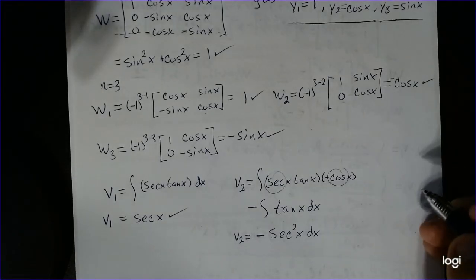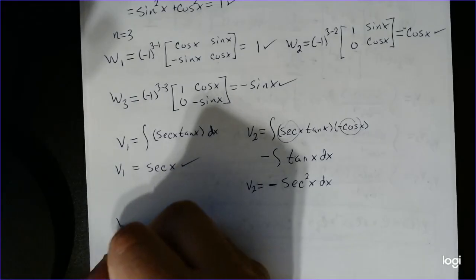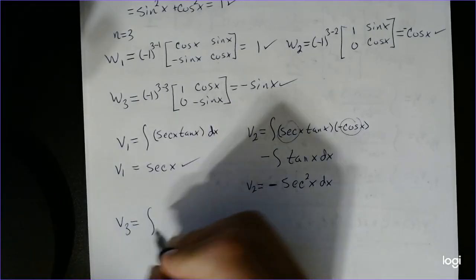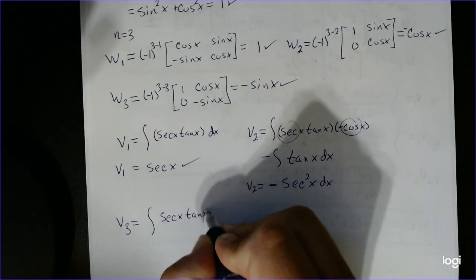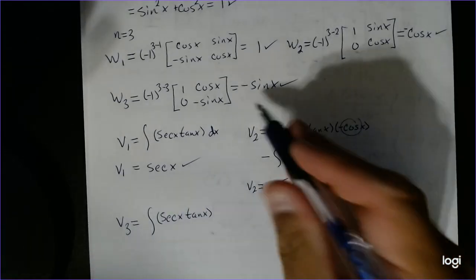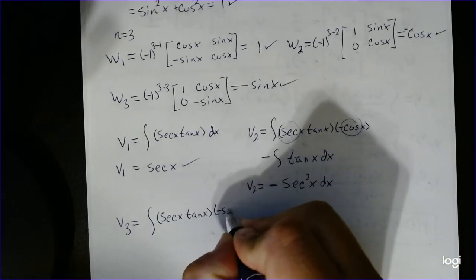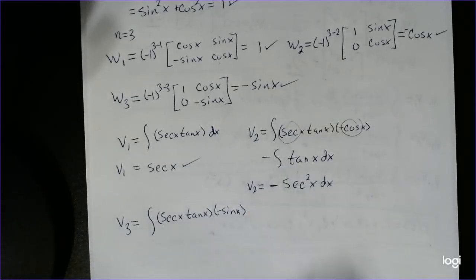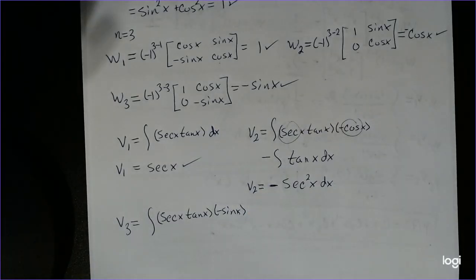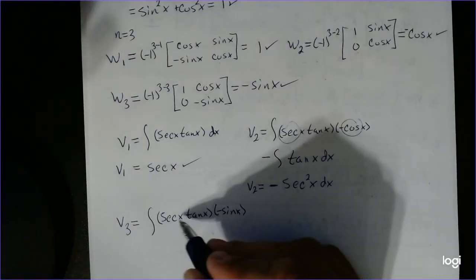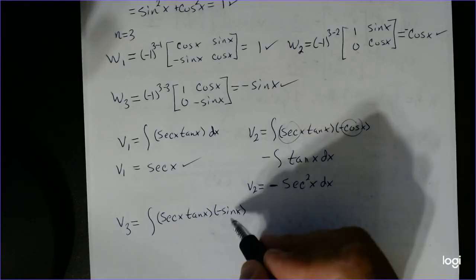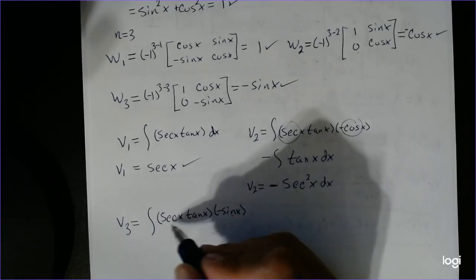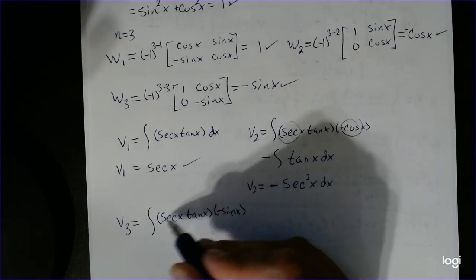And then lastly, we do V3. This time it's minus sine. Now, just like the other one, I'm going to put these together. Well, we have sine here. Secant is 1 over cosine, so sine over cosine is another tangent.